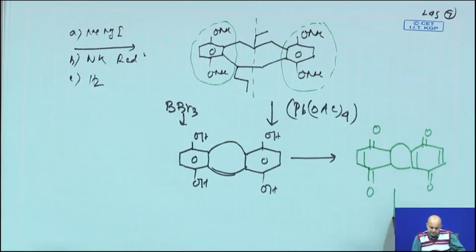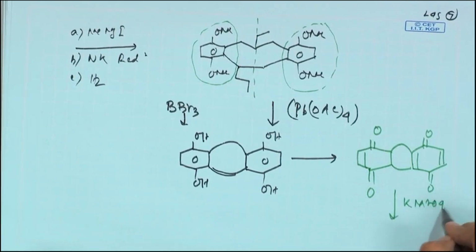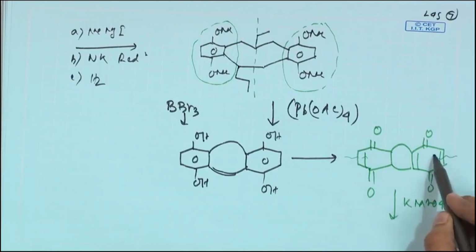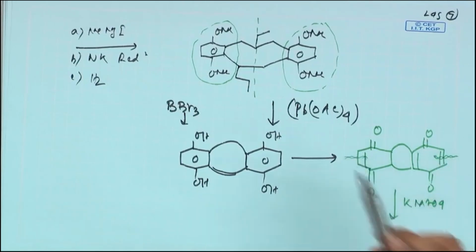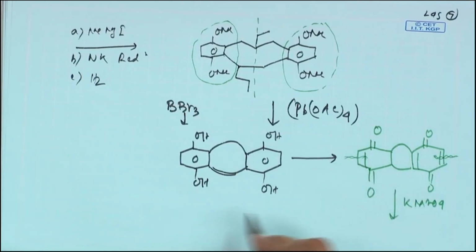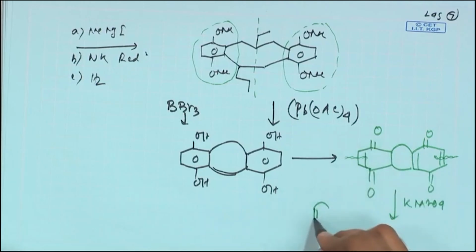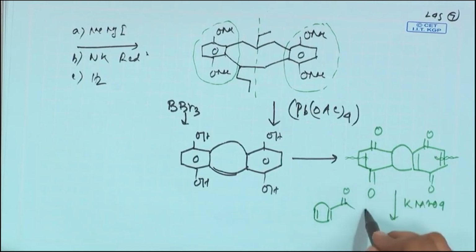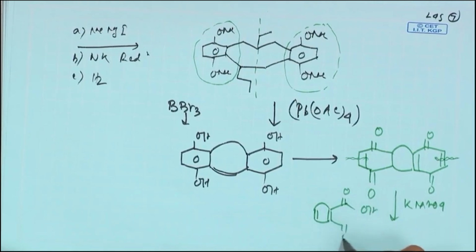Then the reagent which was used is a hot KMnO4 solution to clip this double bond, to clip this side double bond, and the cleavage of other things also, like an oxidative cleavage, and then what you basically get is this dicarboxylic acid.